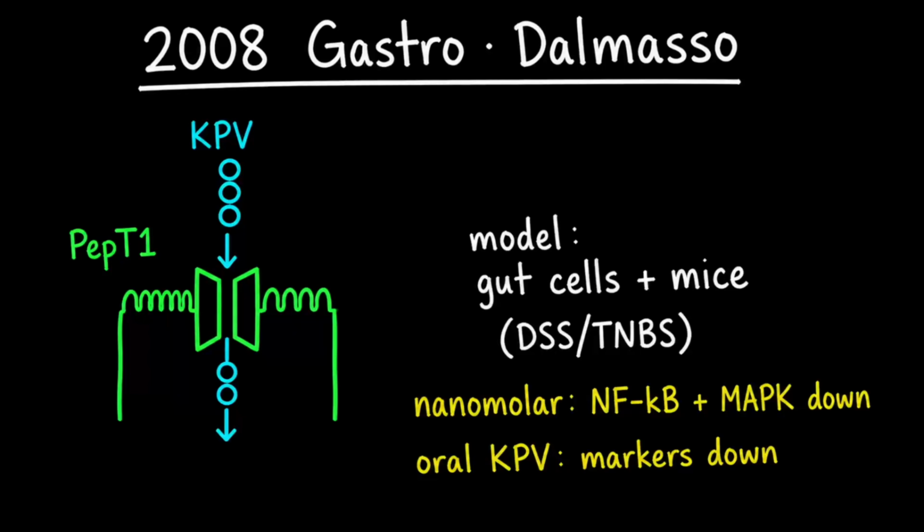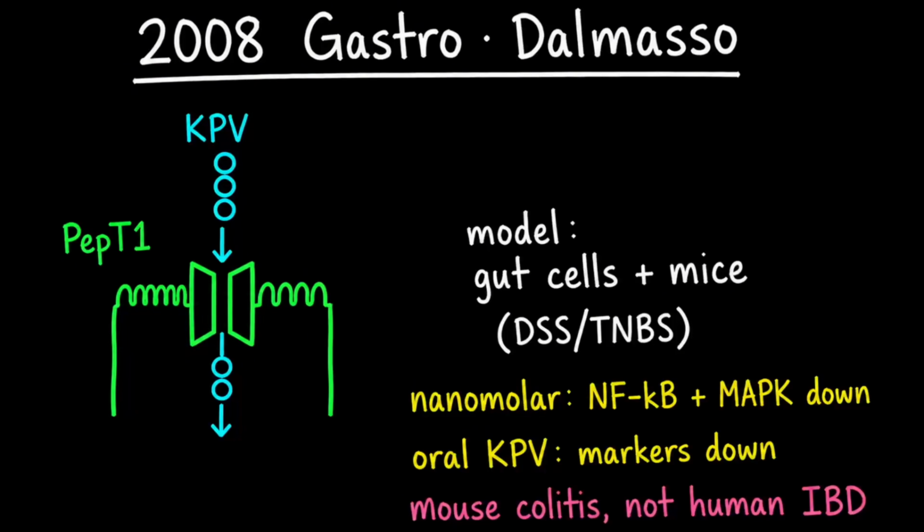So this is one of the clearest mechanism-to-effect links in the whole KPV literature here. So this was a very interesting study, and it linked it to PepT1, as well as all this downregulation of inflammatory markers in these inflammatory bowel disease mouse models. There is a limit, though, here, which is that it's just not human. So it's not a human study. It was in mice, but there is some promise here in the preclinical literature.